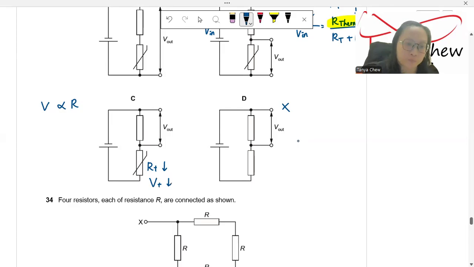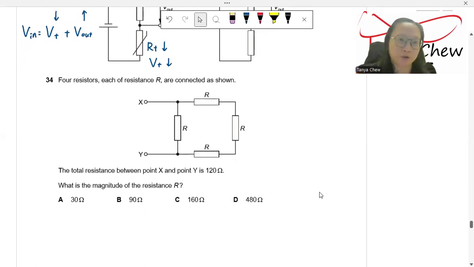But the total potential difference, or the V input, is equal to V of the thermistor plus V output. Since V input must be constant because they didn't mention that it changes, but V thermistor is decreasing, V output must increase in order to achieve the balance. C is the answer.